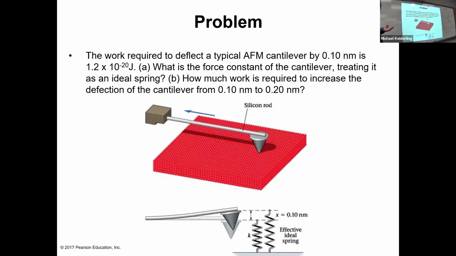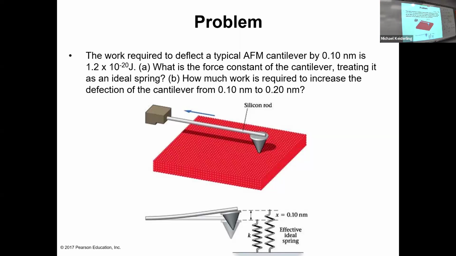Here, the work required to deflect a typical atomic force microscope cantilever by 0.1 nanometers, this is 1.0 times 10 to the minus 10 meters, is 1.2 times 10 to the minus 20 joules. What is the force constant of the cantilever, treating it as an ideal spring?